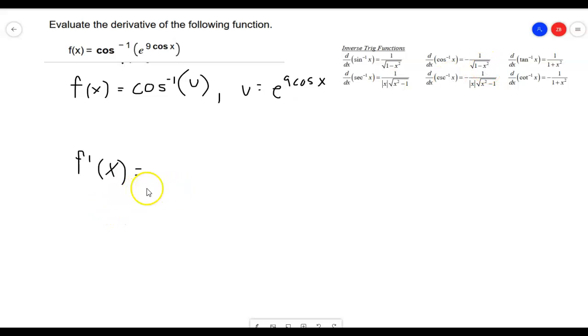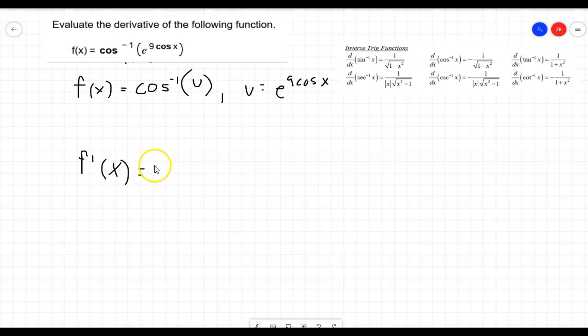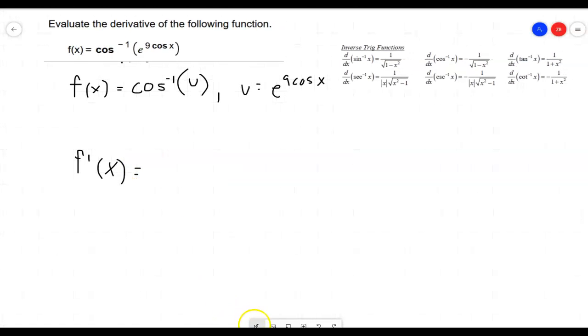All right, so let's go ahead and write that. So this is going to be negative 1 over the square root of 1 minus, and in this case, u squared.